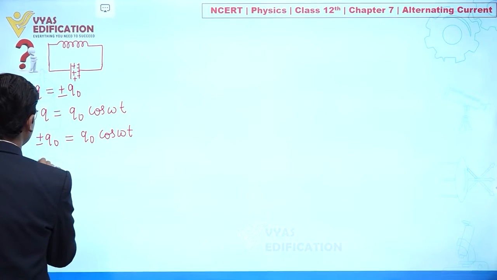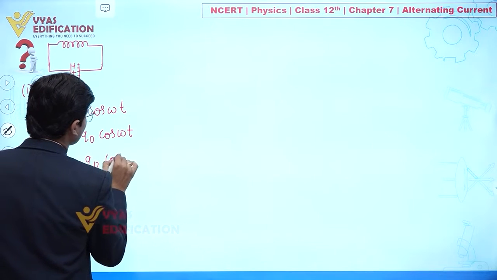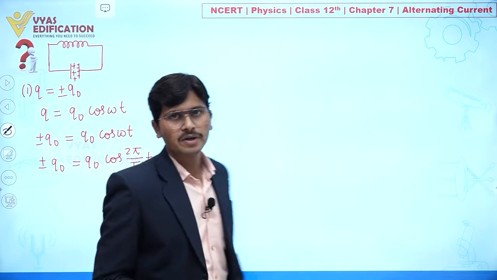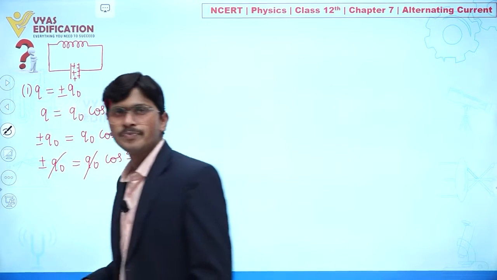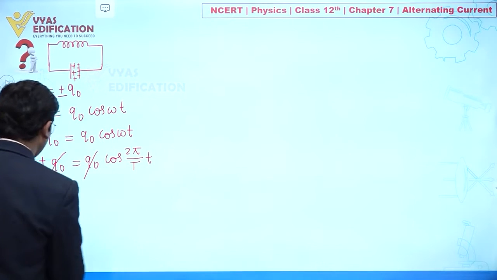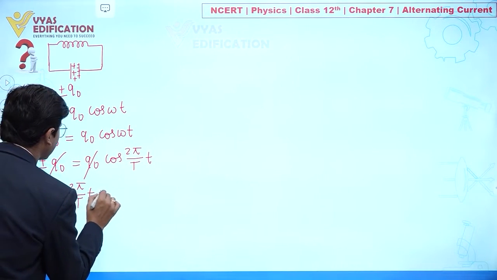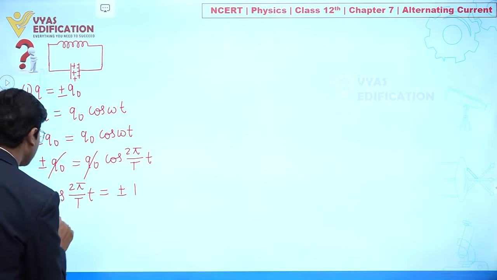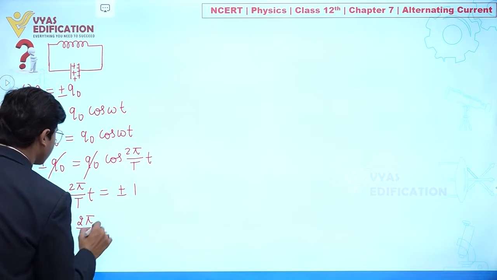So from here I can write plus minus Q naught is equal to Q naught cos of 2 pi by T multiplied with t. Clear? So now Q naught and Q naught cancel out. So we can write cos of 2 pi by T multiply t is equal to plus minus 1.